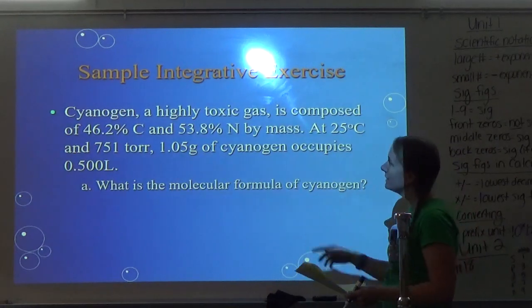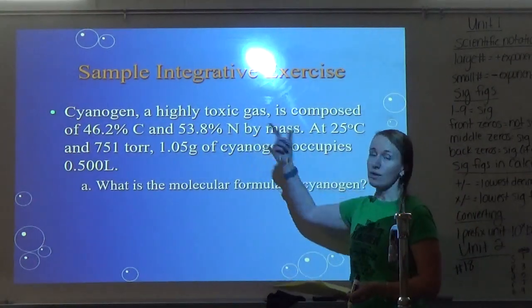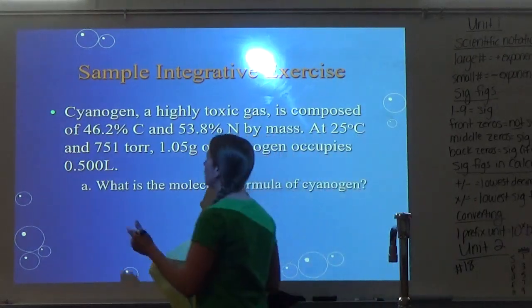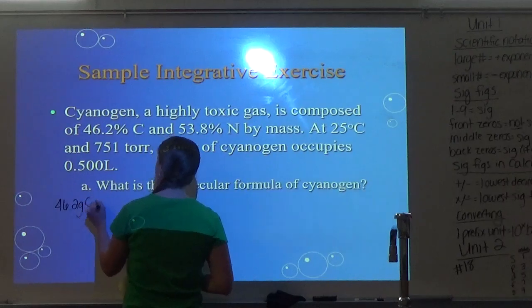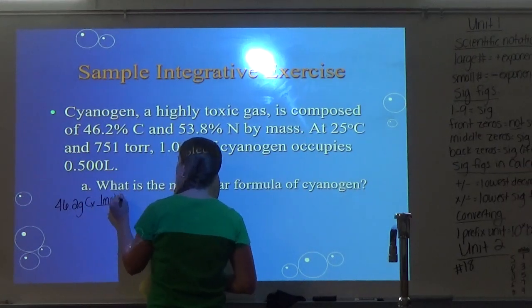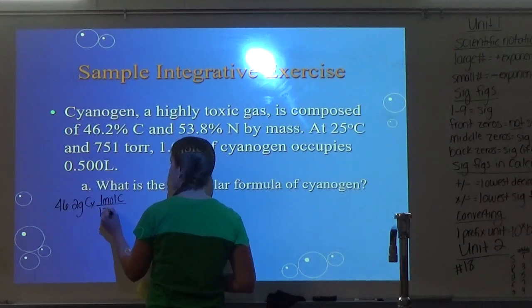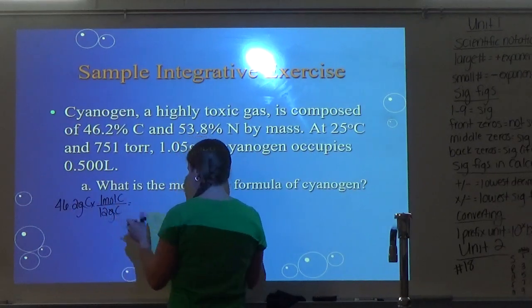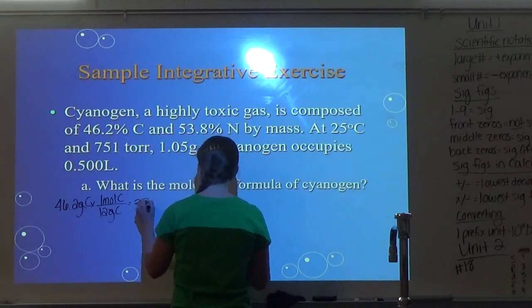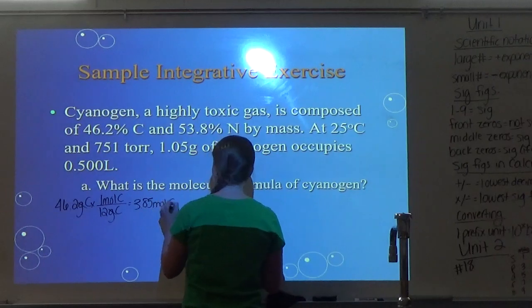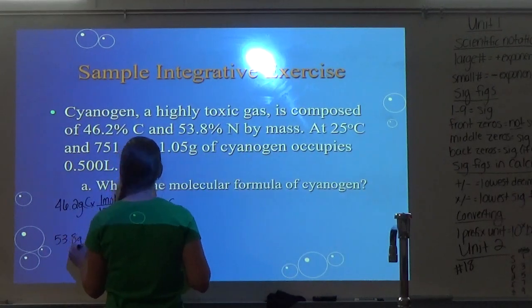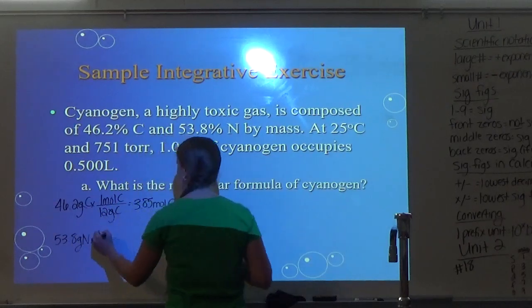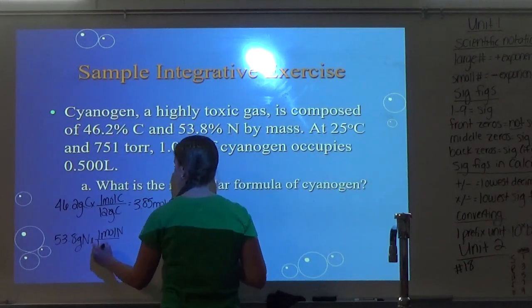All right, so I can see that they gave me my percentages, so I can start with that and do some empirical formula here. I take my 46.2 grams of carbon and change it to moles, because remember, we're trying to get those subscripts. For this I get 3.85 moles of carbon. Then I take my 53.8 grams of nitrogen and convert it to moles.